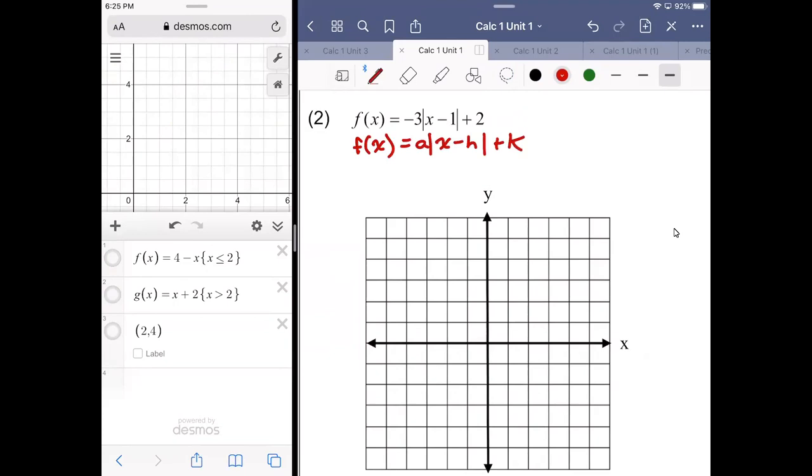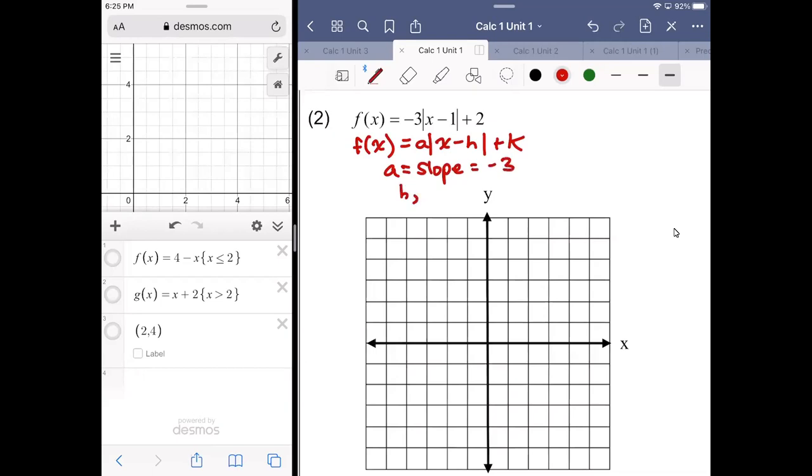So this is the standard form for an absolute value function. Absolute value functions are V-shaped graphs. So from this, we identify the A value, which is the slope, as -3.